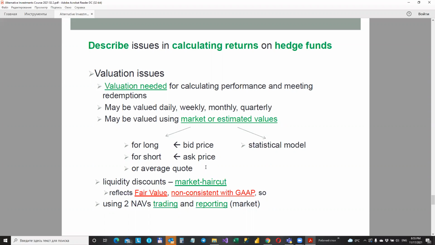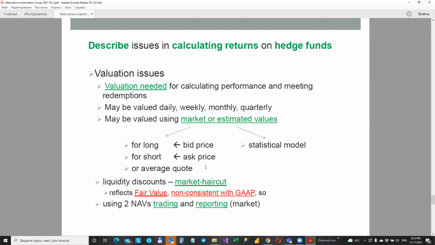The frequency with which alternative assets are valued and how they are valued vary amongst funds. Hedge funds are generally valued by the manager internally, and these valuations are confirmed by an outside administrator on a daily or perhaps weekly basis. Performance is reported to investors by the administrator on a monthly or quarterly basis.